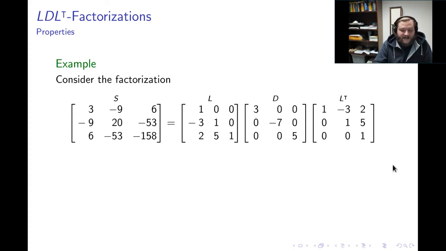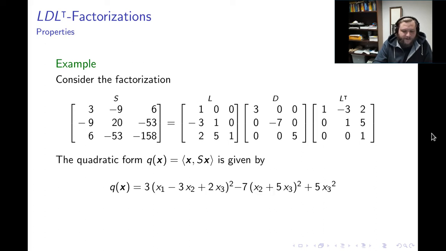Let's look at an example. Here I have a real symmetric matrix S factored as L times D times L transpose. If I look at the quadratic form defined by this real symmetric matrix S, I take advantage of the calculation we just did and realize that this is d1 times y1 squared plus d2 times y2 squared plus d3 times y3 squared.